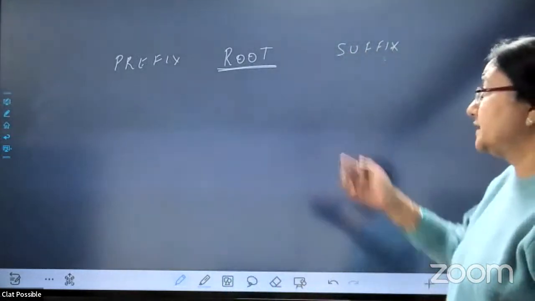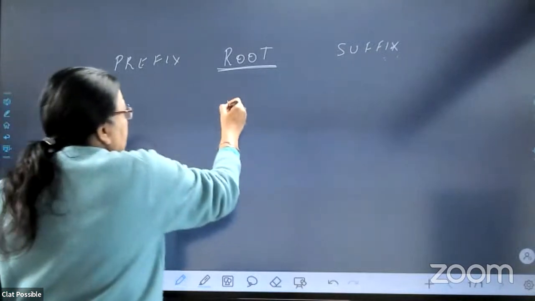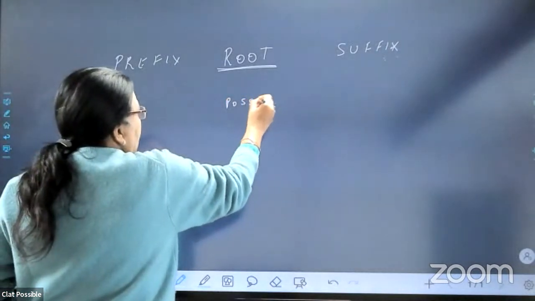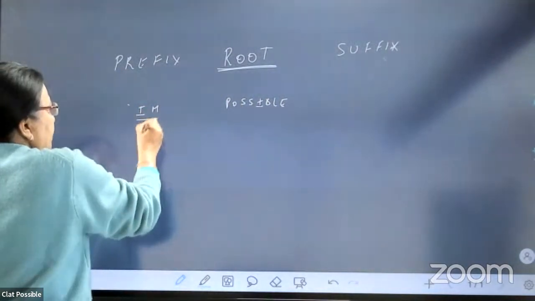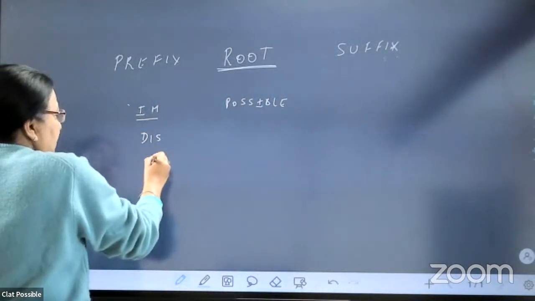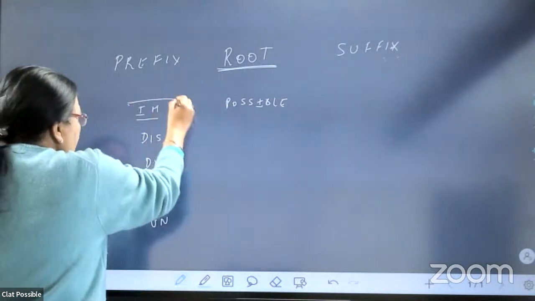Just to give you a small example of some prefixes here. When I write the word possible, which is positive, and I write impossible. Now see, dis, dys, look at all of them.